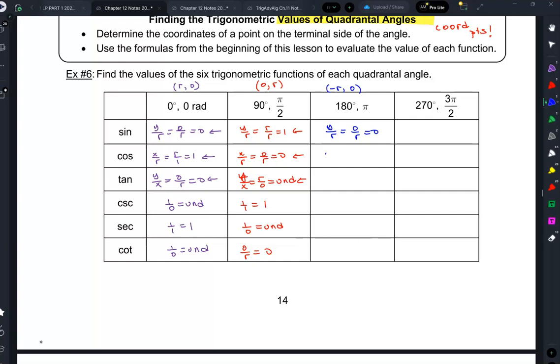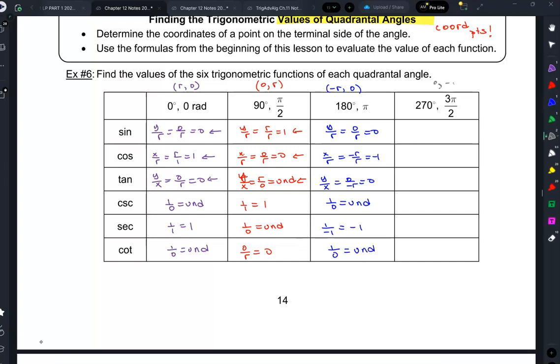Cosine was x over r. Tangent, y over x, 0. So now, cosecant, 1 over sine, undefined. Secant, 1 over cosine. Cotangent, 1 over tangent, undefined.